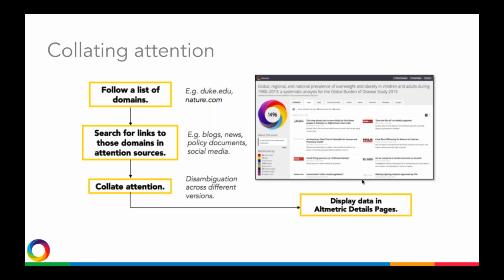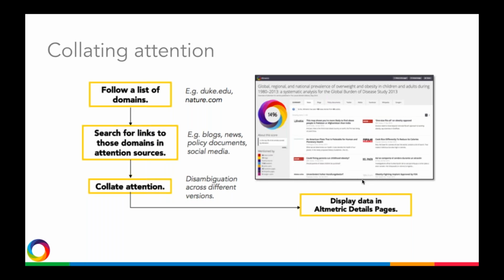So in terms of how collating all of this attention together actually works, we follow a list of domains. So this tends to be, for example, publisher websites or institutional repositories even perhaps. And then we search for links to those domains in the attention sources that we track. So for example, we'll always see all of the news stories from the BBC News website.